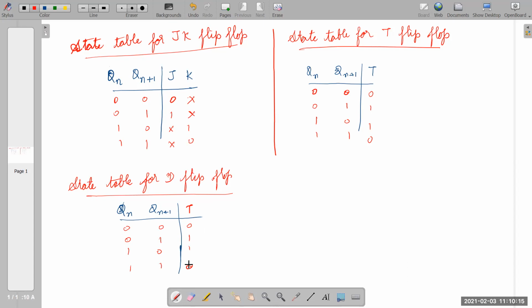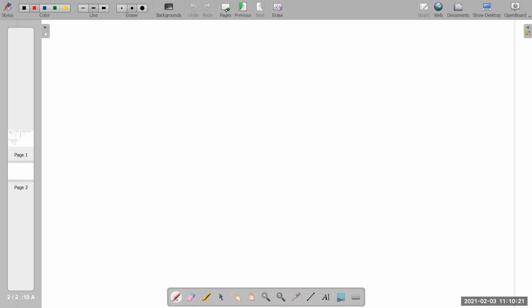We have seen this explanation in the last class, how we got this state table. Now we'll go into the design of the sequential circuit or synchronous sequential circuit.